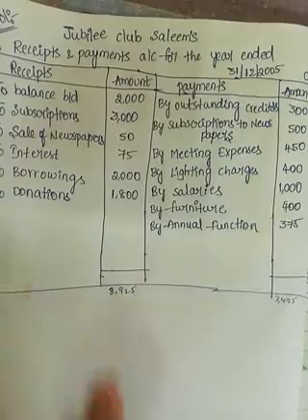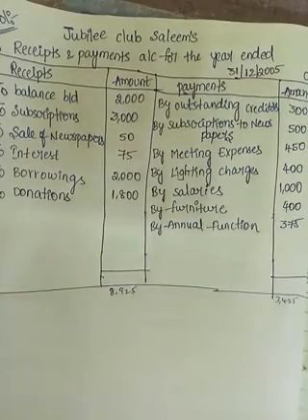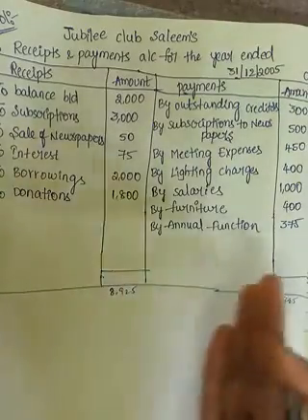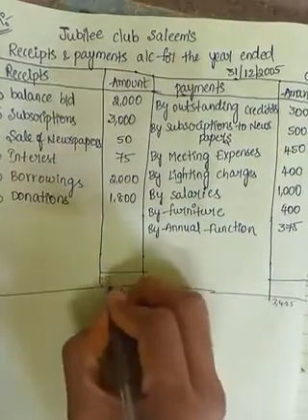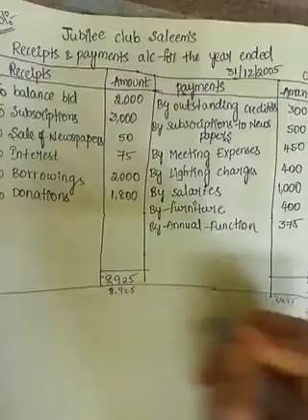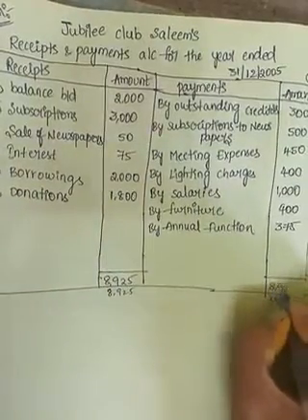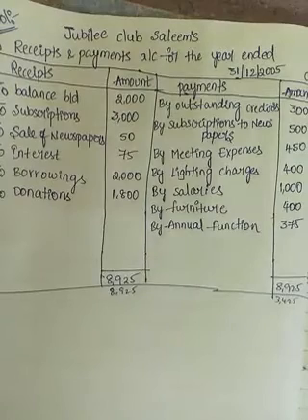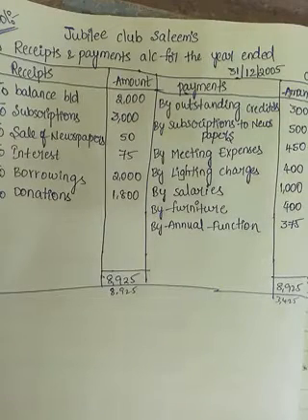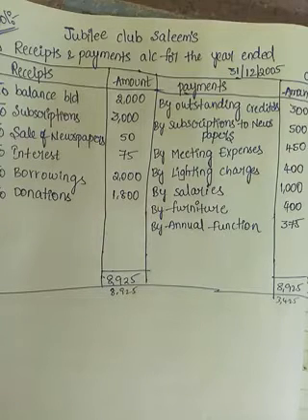Which side is more? Receipt side is more, payment side is less. Then we will get the closing balance on the payment side. Total of the two sides is 8925, 8925. The balancing amount is 8925 minus 3425.